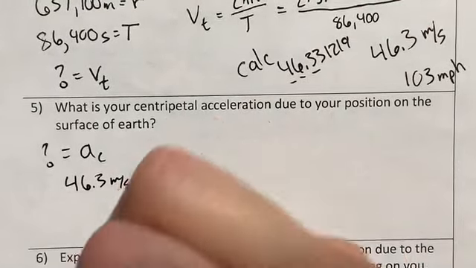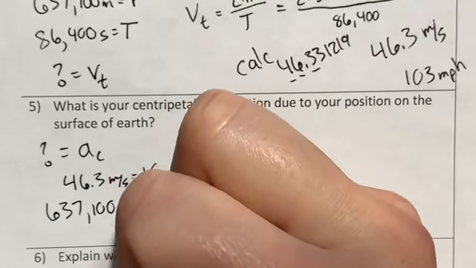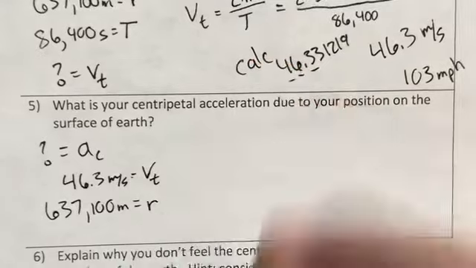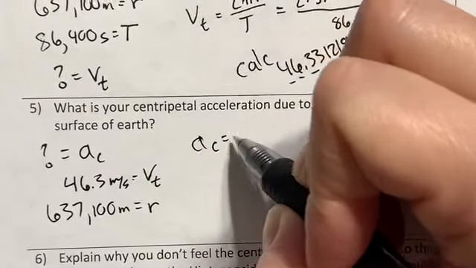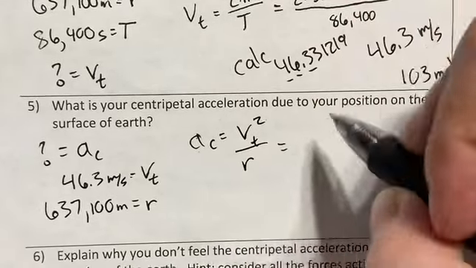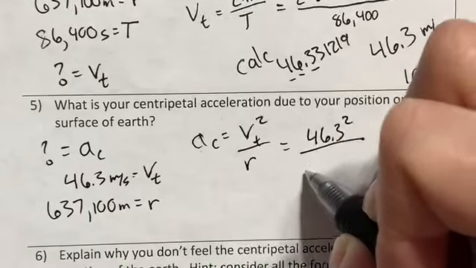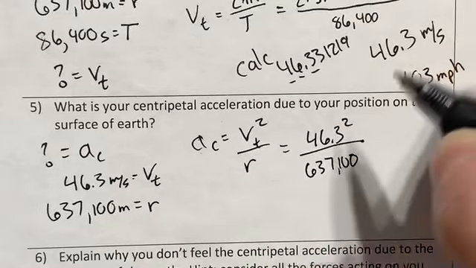And the radius, which was also given up there, 637,100 meters, both information from question number 4, that's the radius. Centripetal acceleration is the tangential velocity squared divided by the radius. So 46.3 squared divided by 637,100.